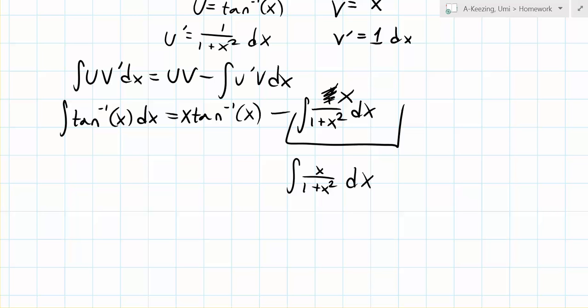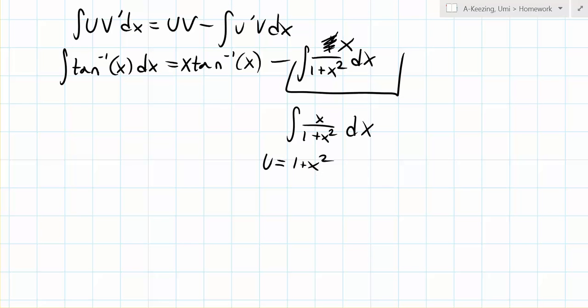So maybe we can use U-substitution, since the numerator's and denominator's degrees differ by 1. So let's see. It would be logical to say that u would equal 1 plus x squared, since that is the higher power in the expression.